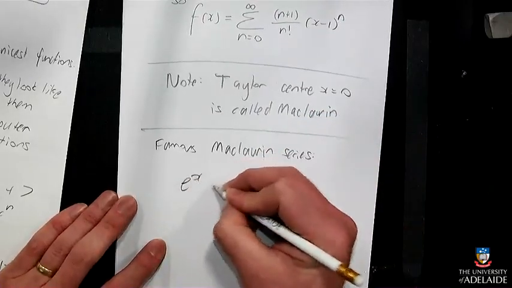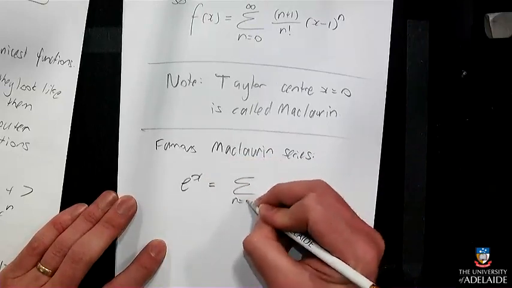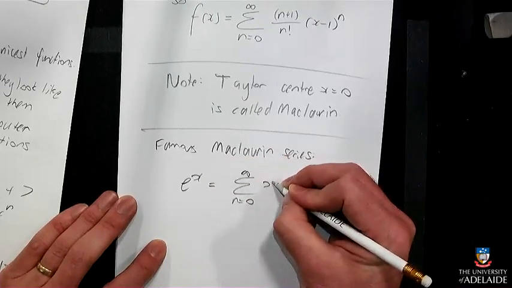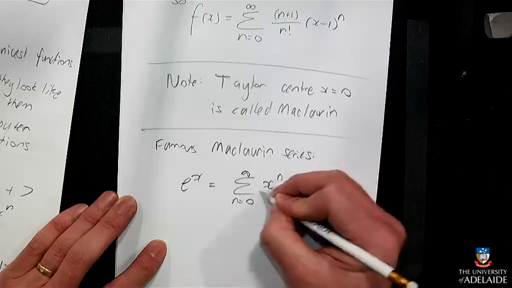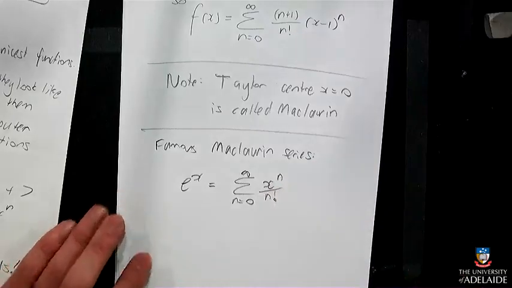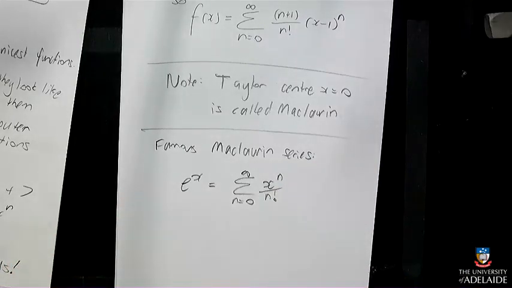So the most famous of all Maclaurin series is this one. So if you go e to the x, then the coefficients are 1 over n factorial. Yeah, that's the most famous.